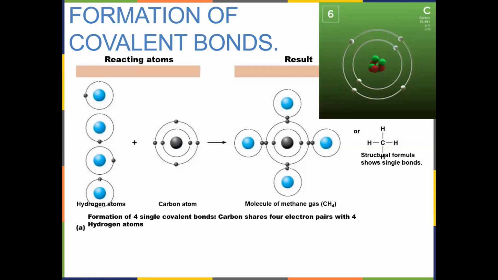Carbon is probably the best example of something that's reactive with covalent bonds. Carbon has atomic number 6: 6 protons, 2 electrons in its first shell, 4 in its second shell. It would like to have 4 more in its second shell.